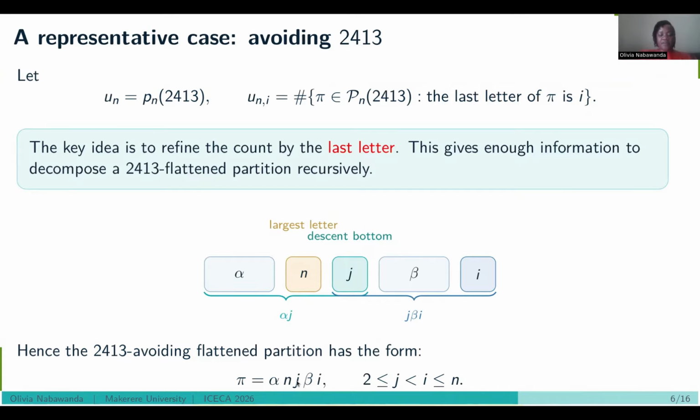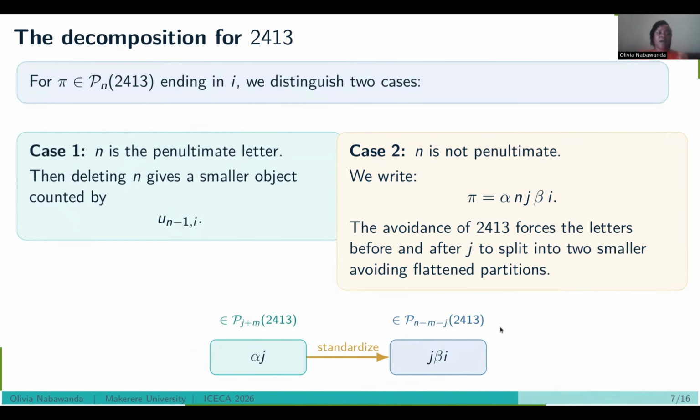Therefore, a 2413 avoiding flattened partition has the form alpha n j beta i, where j and i are subsequences in pi with length greater than or equal to 2 and less than or equal to n. How does the decomposition work?